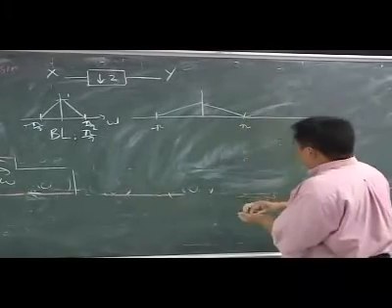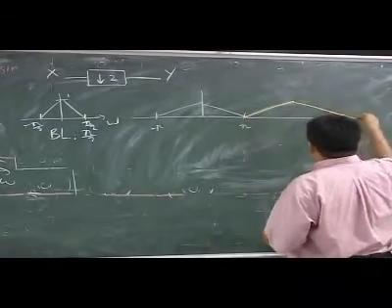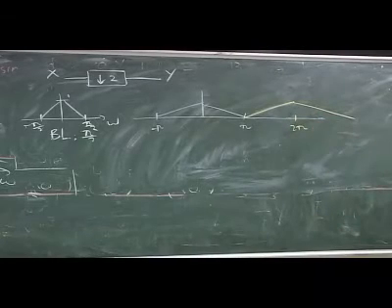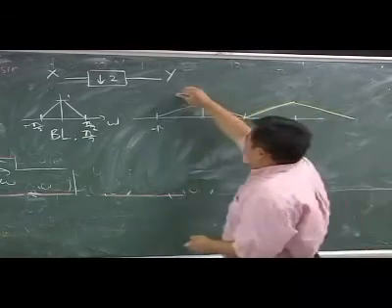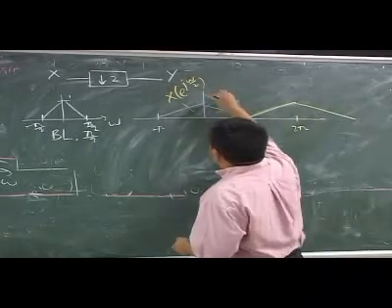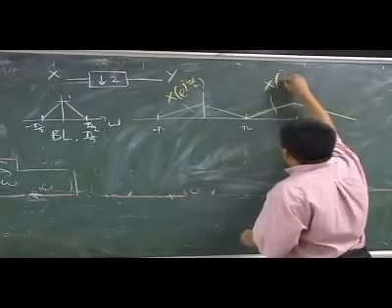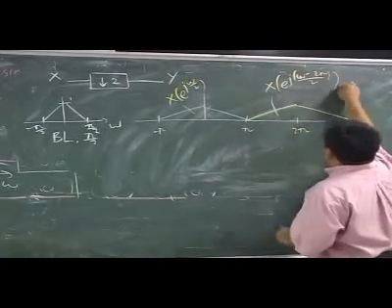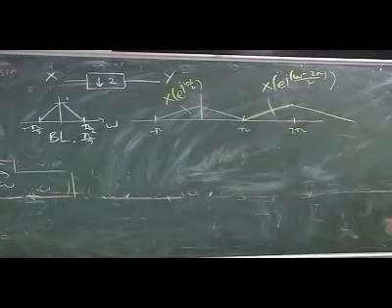This is x, right? That's x of e to the j omega over 2. This is x of e to the j omega minus 2 pi over 2. There's no overlap, so it's okay.